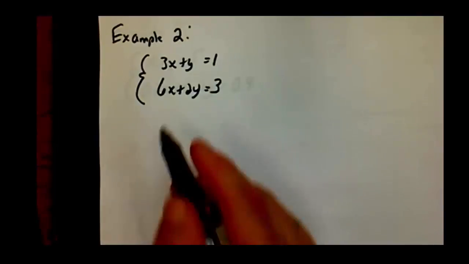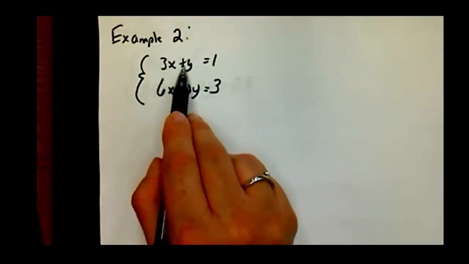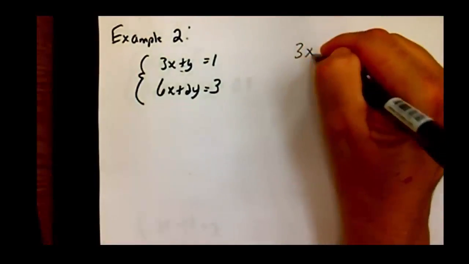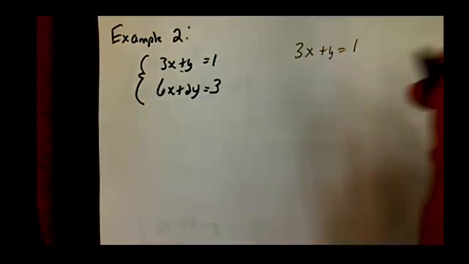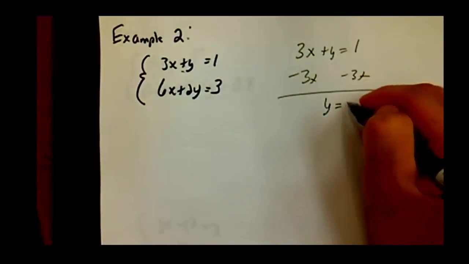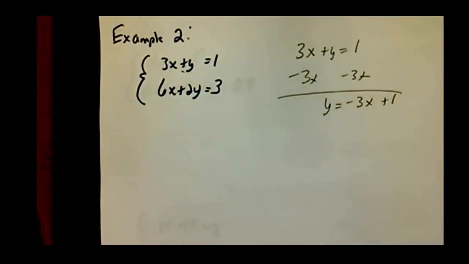Y? Yeah, exactly. The first one, we've got 3x plus y equals 1, and we can get y all by itself pretty easily. So y is equal to negative 3x plus 1.